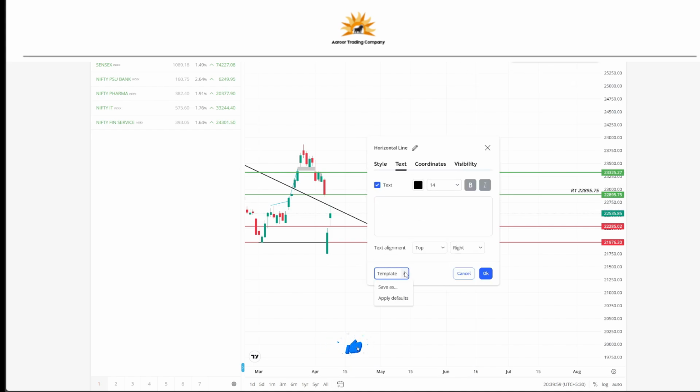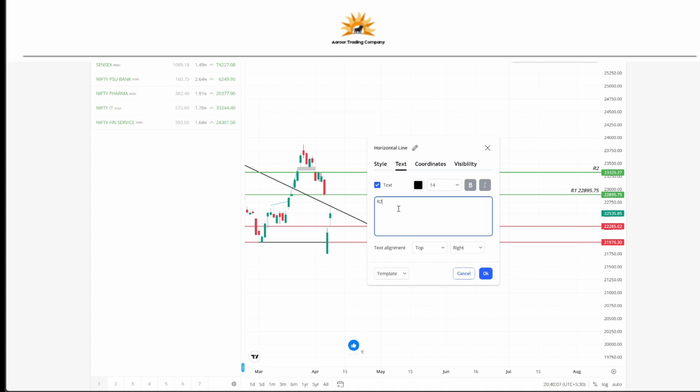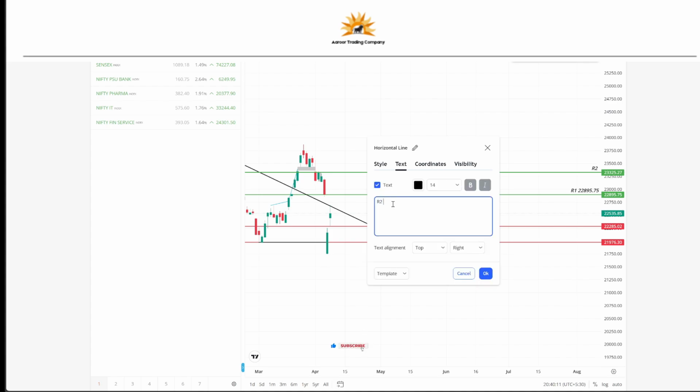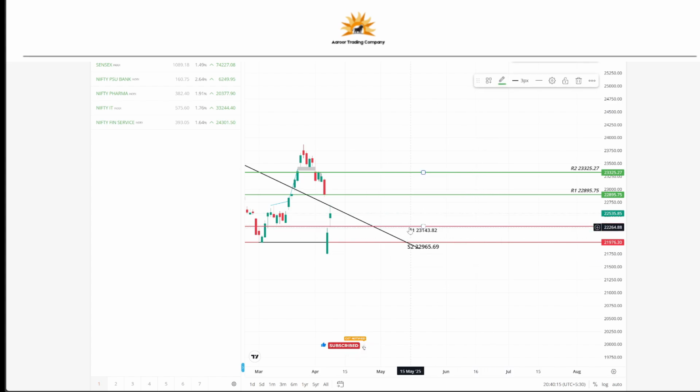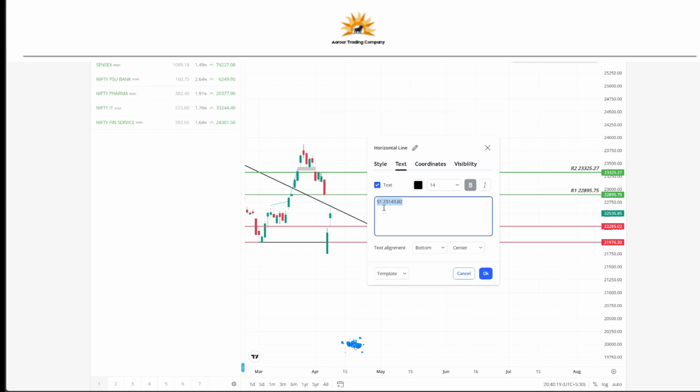I'm going to yesterday. Just give me a moment. R2 is around the coordinates of 23,325. This acts as support 2. And for S1, 22,285 is S1.